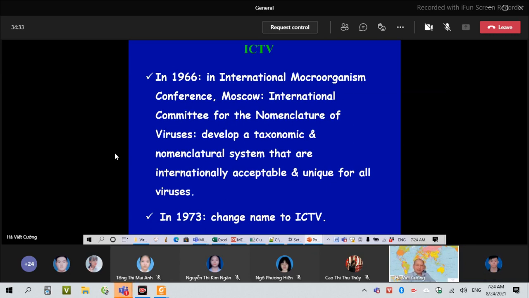Here you can see the history of the ICTV, 1966, and you can read all the information here. The International Microbiological Congress was organized in Moscow, Russia, and scientists at the time needed to find a way to deal with taxonomy and nomenclature of the viruses. And in 1973, this organization changed its name to the ICTV.